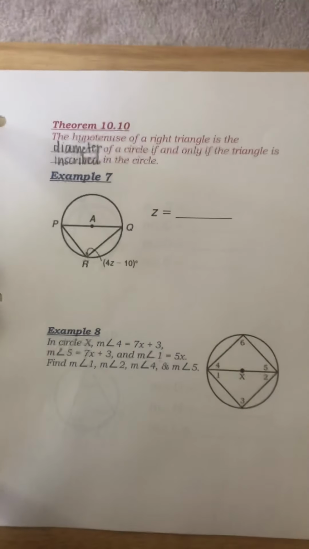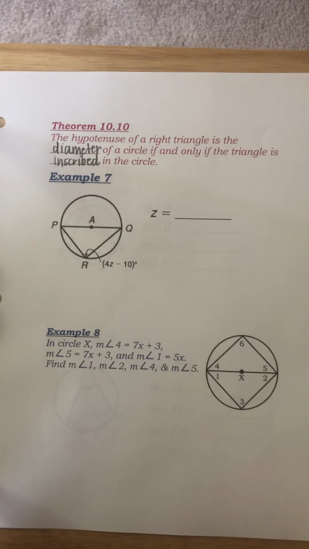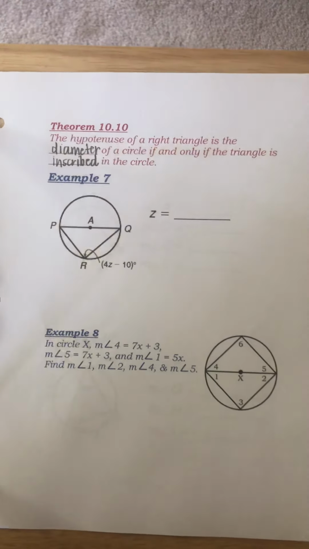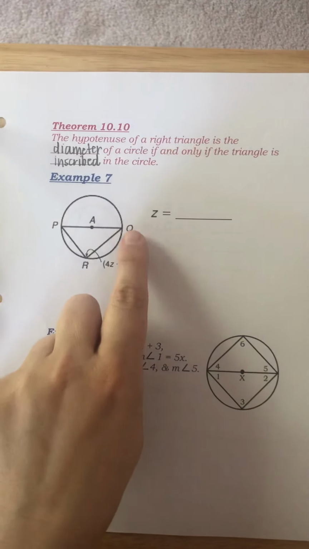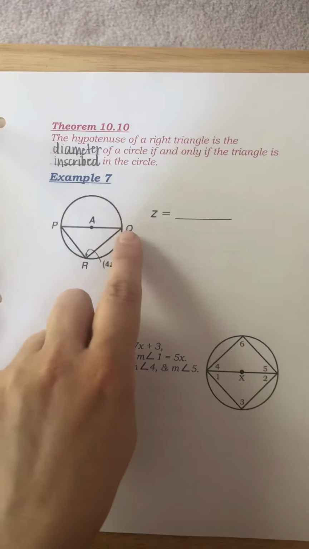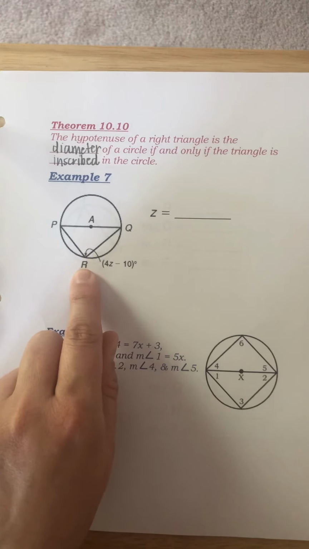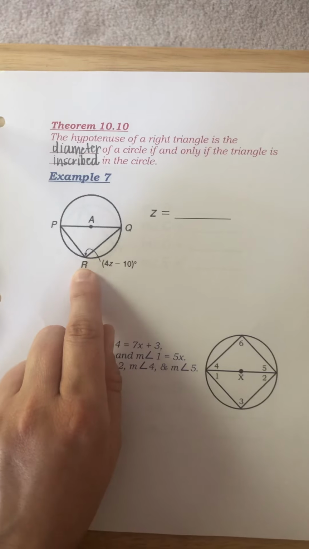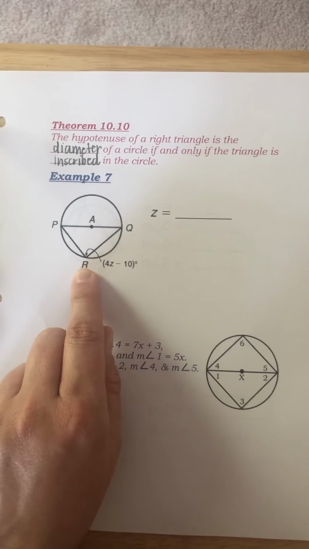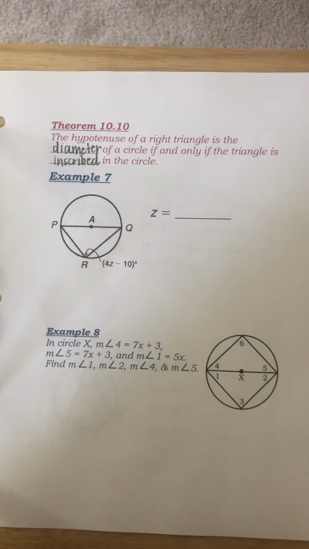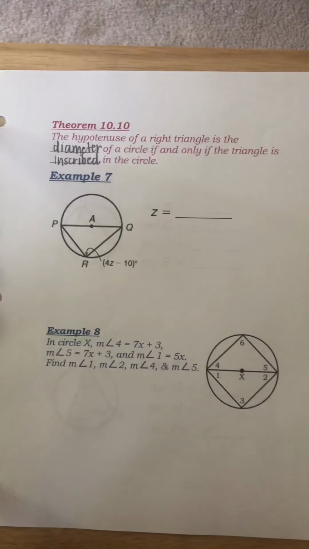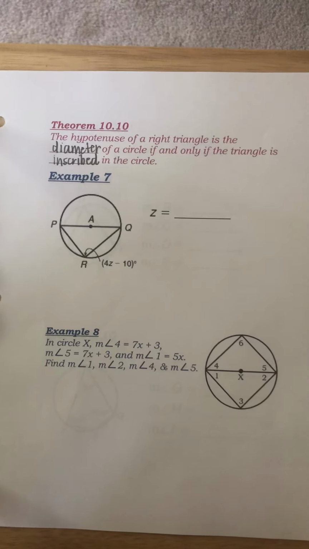That means that they are inside of the circle, but specifically what that means is that their vertices have to all be on the circle. So P is on the circle, Q is on the circle, R is on the circle. So as long as all of the vertices are lying on the circle and the shape is inside of the circle, that is called an inscribed figure.